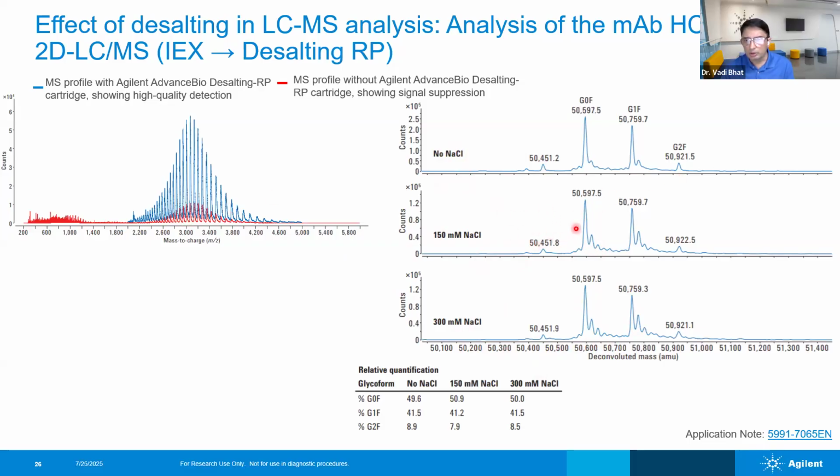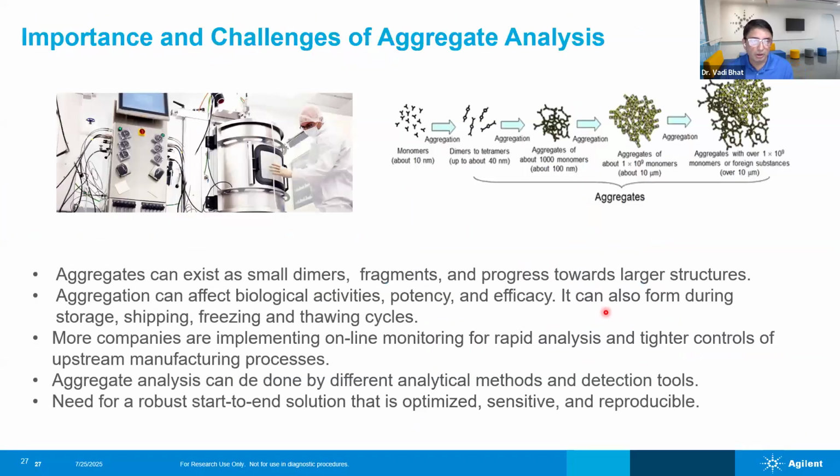If you desalt, either manually or online with 2DLC, you are seeing there's no difference. You added salt, no salt, added salt, no difference, right? So what we are trying to say here is that automation has a huge benefit when someone wants to analyze this kind of charge-based or size-based separation by using mass spectrometry. Now let's look into aggregate analysis.